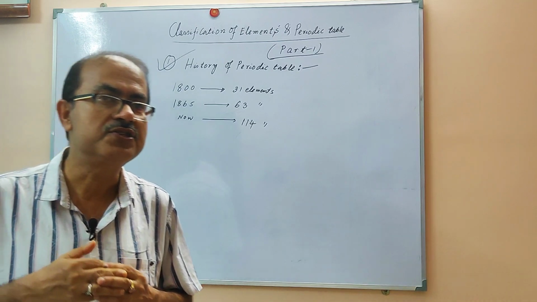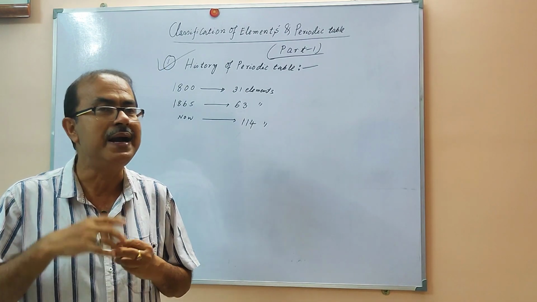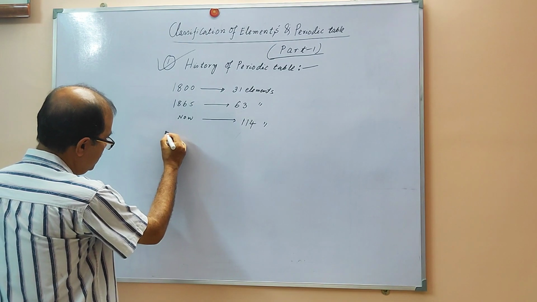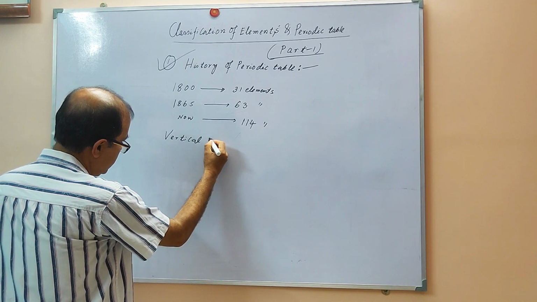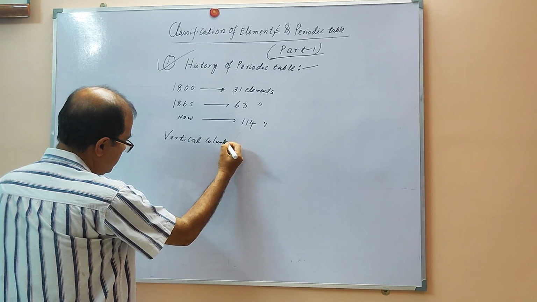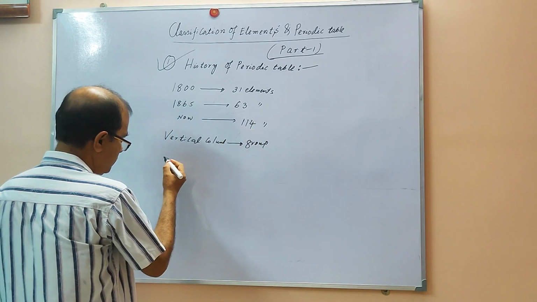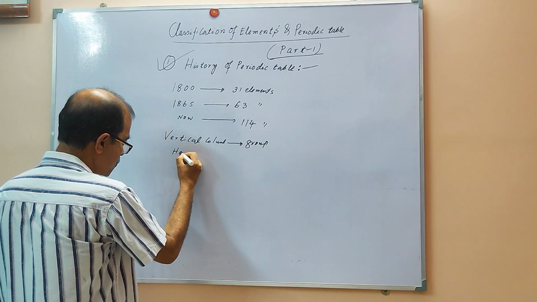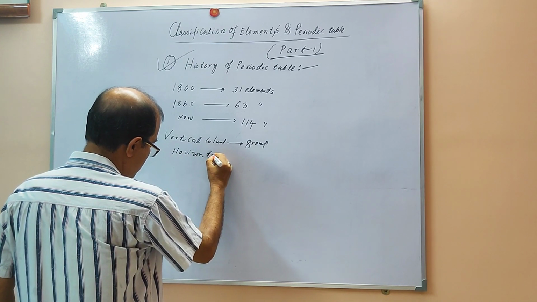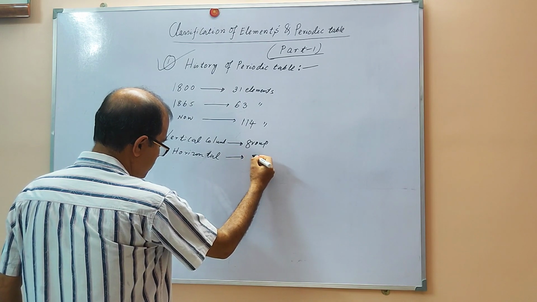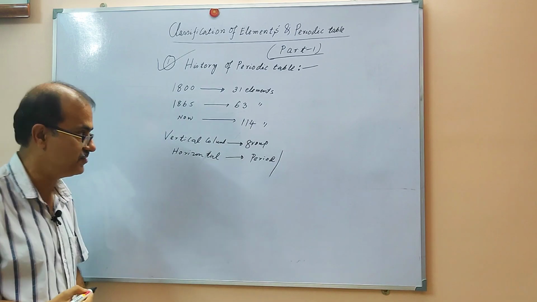In the periodic table, you can see there are two constituents. Number one, the vertical column. This is a very important thing to understand. A vertical column is called a group, and a horizontal row is called a period, and mainly a series.